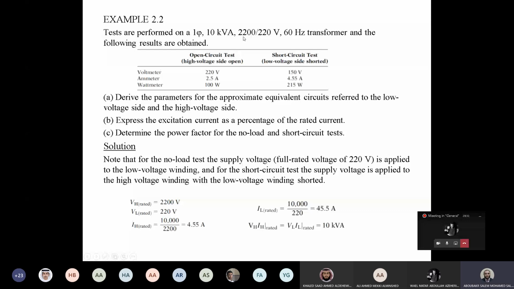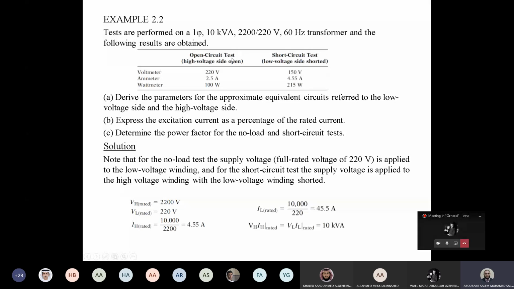Okay. So now we have a single phase transformer. 10 kVA is the apparent power rated. V2 prime equals 2200 volt, or V2 equals 220 volt. Frequency is 60 hertz. Now these are the measurements or the data obtained from the tests.